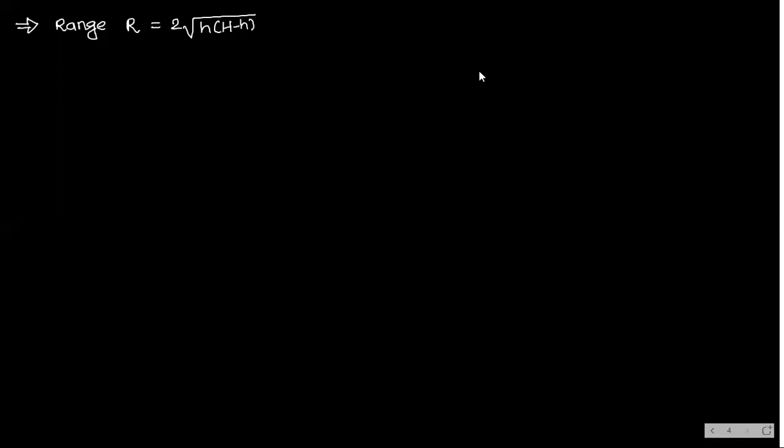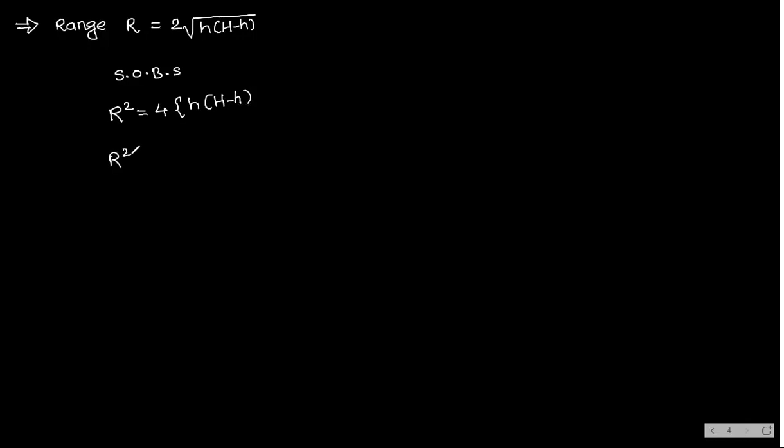Now here, what I am doing, I am squaring on both sides. What I am getting, R square is equal to 4 into bracket small h into capital H minus small h.